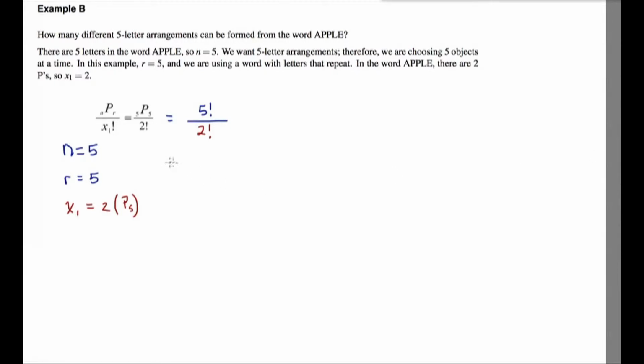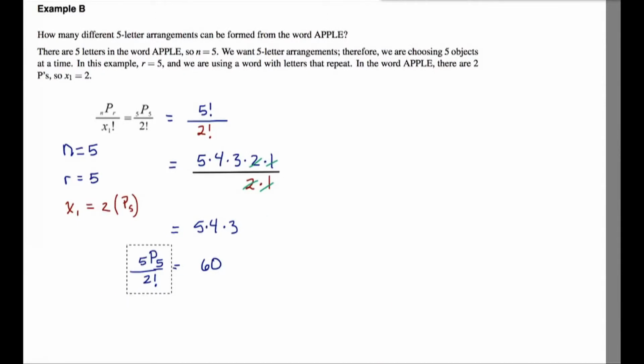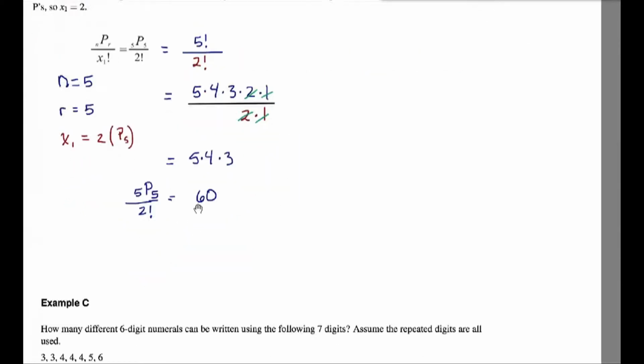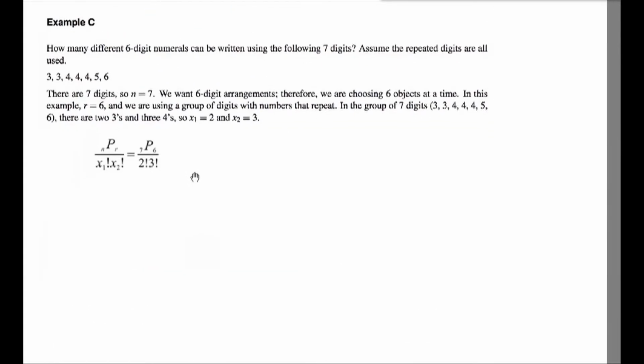It's going to be 5 factorial over 2 factorial. So it's going to be 5 times 4 times 3 times 2 times 1 divided by 2 times 1. So it's going to be 5 times 4 times 3. So we've got 60 different permutations, which is half of what we'd have if we didn't have that one repeating P.